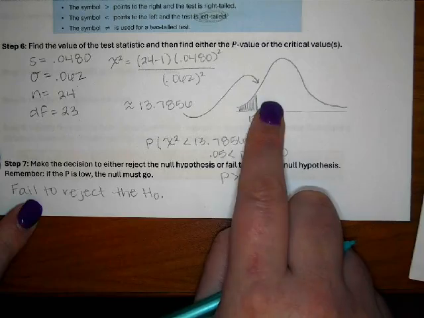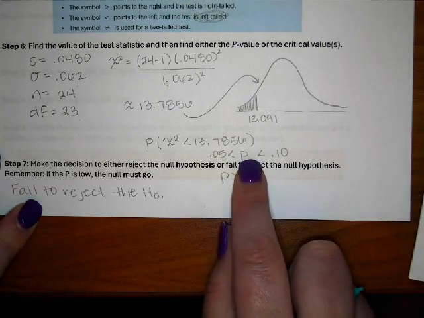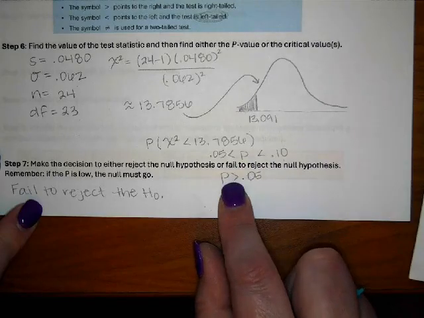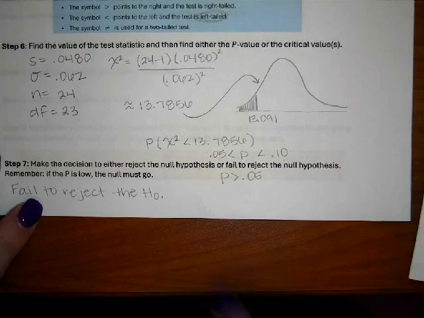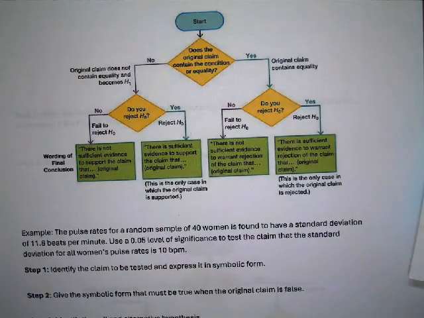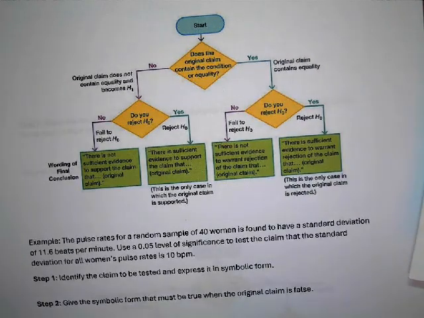The other way is to find the p-value and compare the p-value to that alpha value and see if it's smaller or not. Two different ways to do it. I've been doing both because I'm helping you guys do notes and learn what you're doing. You do not have to do both when you do this on your own for homework. You can choose the method that you like and only use that method.